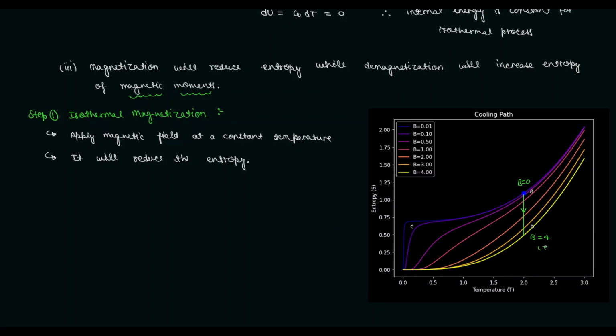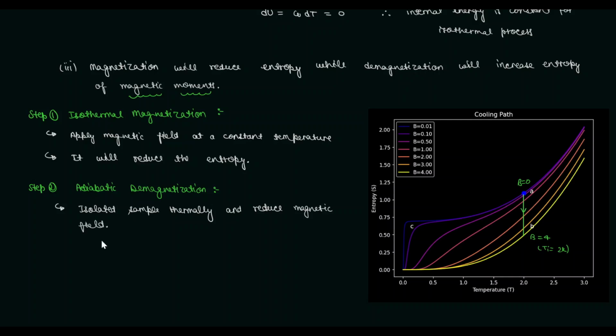For example, here this initial temperature is 2 Kelvin. Now the second step is the adiabatic demagnetization. Here you isolate the sample thermally and reduce the magnetic field slowly, so that the process is quasi-static and the entropy is constant.